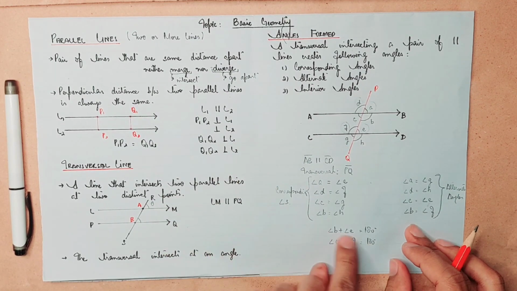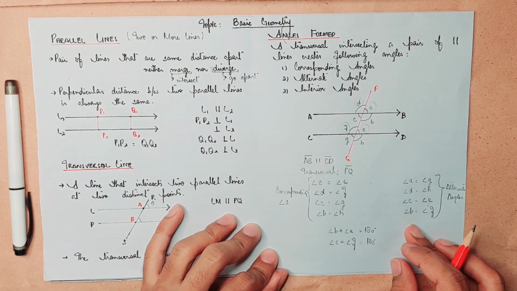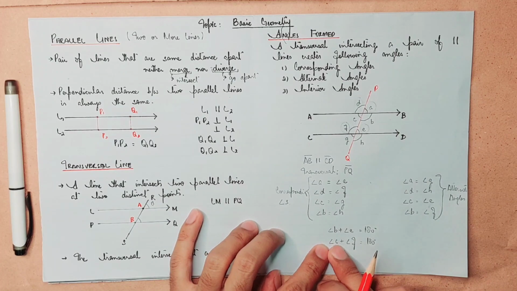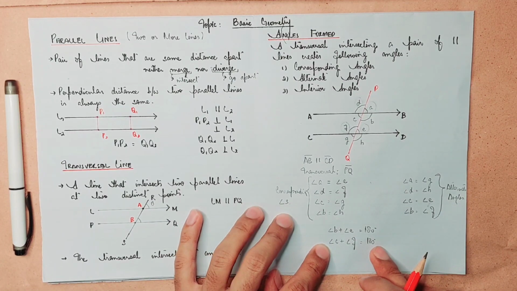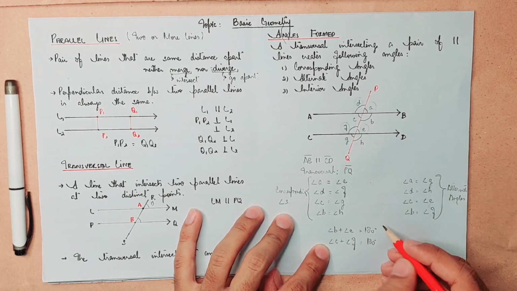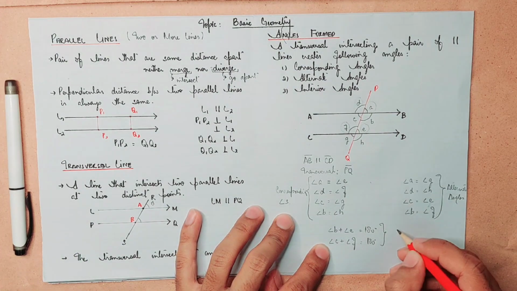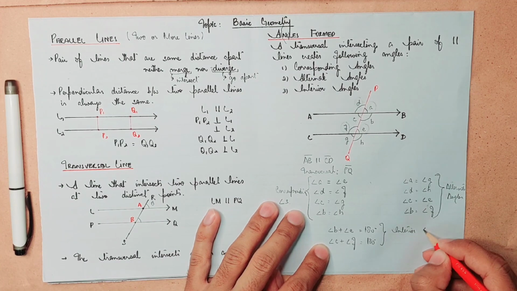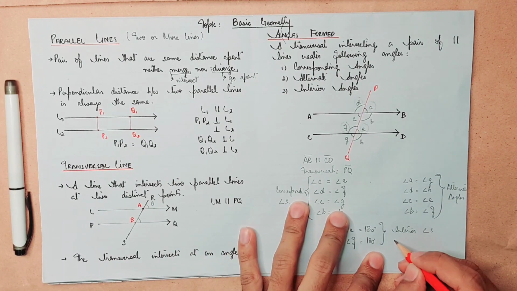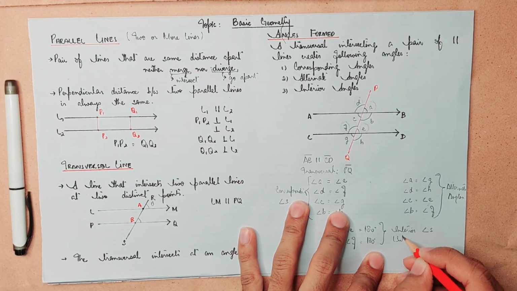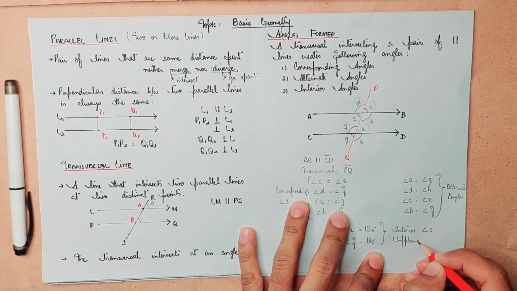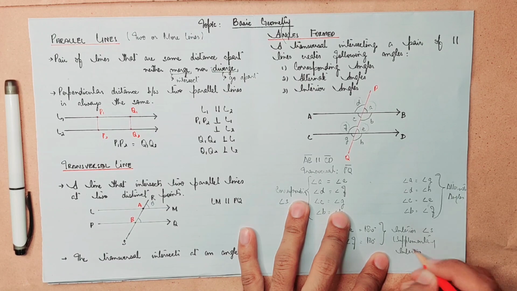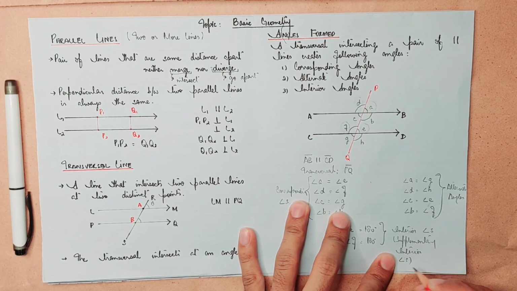So angle B and angle E are supplementary interior angles because they add up to 180 degrees, and in exactly the same way angle C and angle F also equal 180 degrees. These are called interior angles, and whenever we use this property, we would say these angles are supplementary interior angles, right?